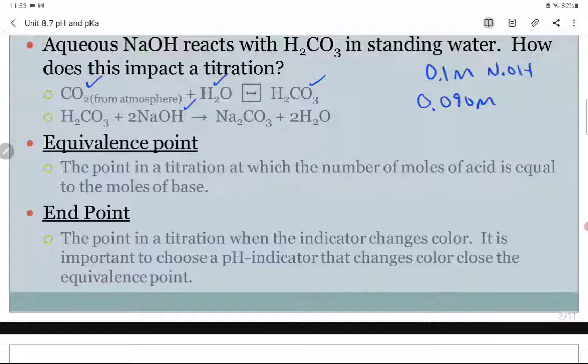So basically, when you're doing an ICF, a stoichiometry, both of the reactants are limiting reactants. And then endpoint is when the color change occurs, because these are typically clear materials, the acid and base, so you can't see that the equivalence point has been reached. So we would like to add a pH indicator, and we'll talk a little bit about pH indicators today.